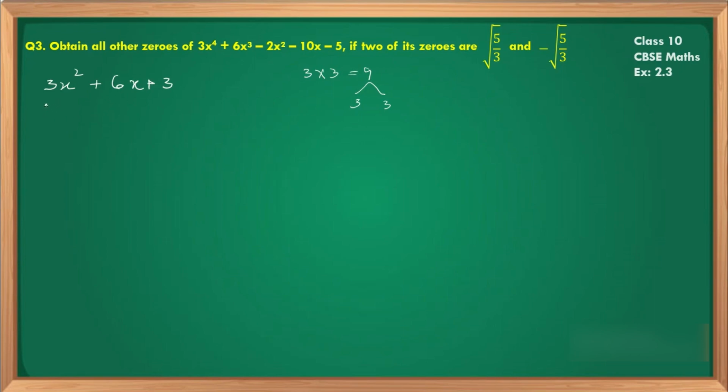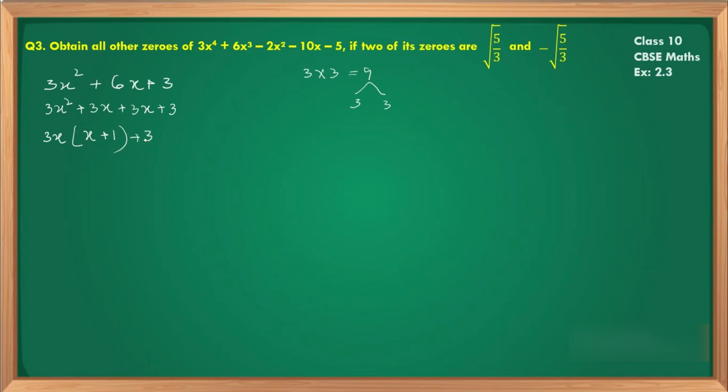Now we'll write down 3x square plus 3x plus 3x plus 3. Now we have made 3 terms into 4 terms. Now we take common out. 3x is common. X plus 1.